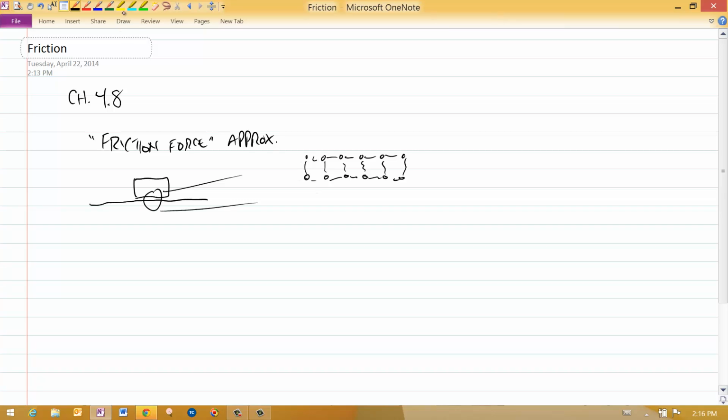So there are the atoms in the block here, and then the atoms in the surface, and the atoms in the surface are going to react to the stuff that's supporting it. See how it shrinks a little bit. The springs underneath the load, and in fact the springs up here would also be compressed a little bit. The springs underneath the load are compressed. The ones lateral to the load are not.